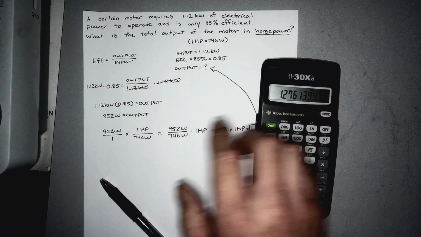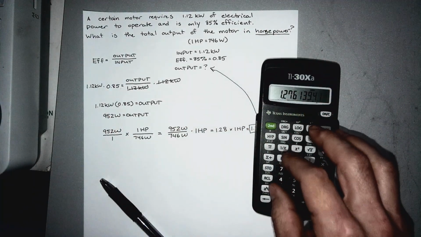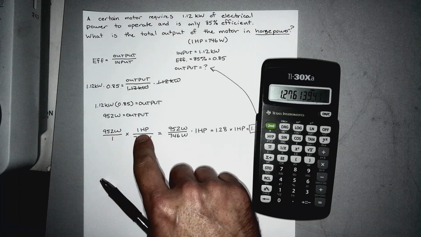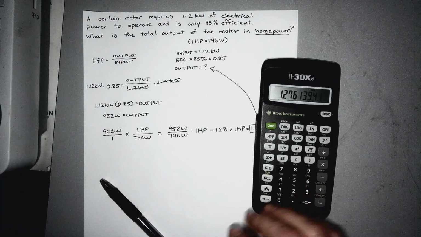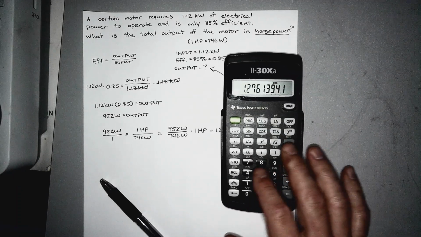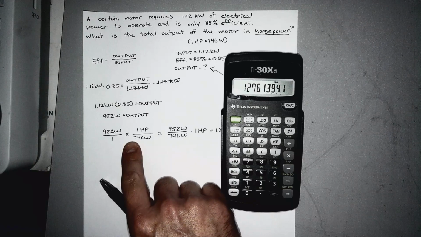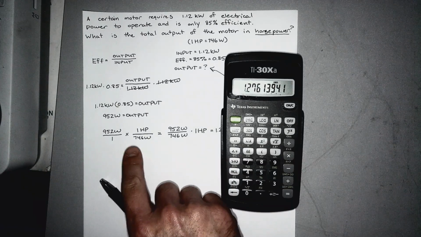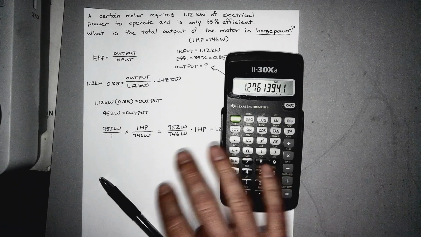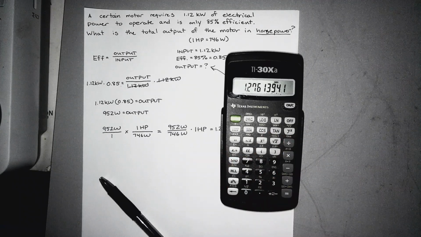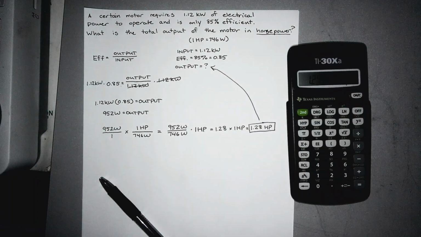When we're trying to go from an equation and punch these numbers into our calculator too quickly without having it laid out first, and we mistype something, or we miss a keystroke, and it throws the whole problem off, and we can't see it. When we write it out, it's easier to identify the issues that we're having putting it into the calculator before we ever get there, all right? So if we remember those key steps, you should have no problem with motor efficiency.